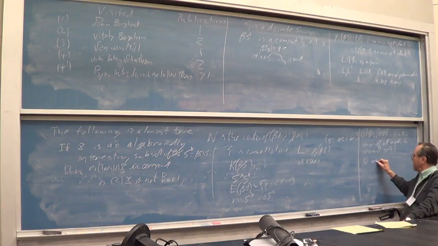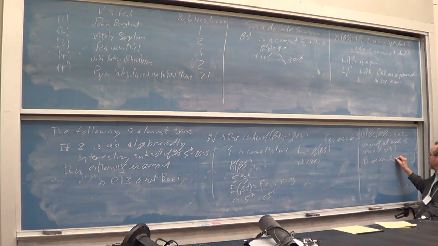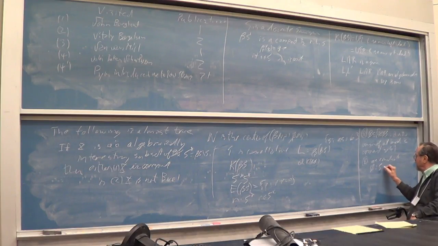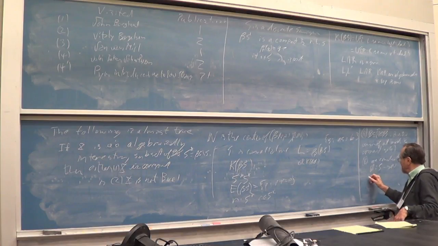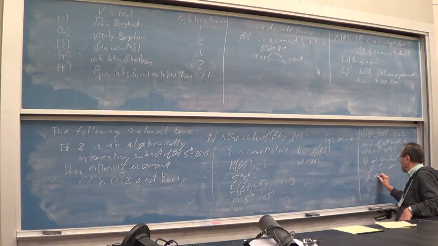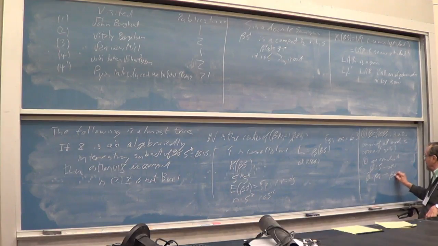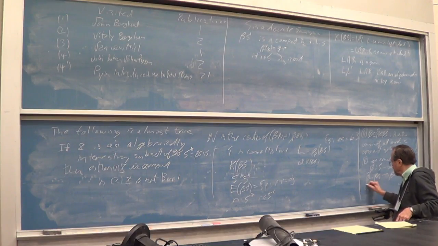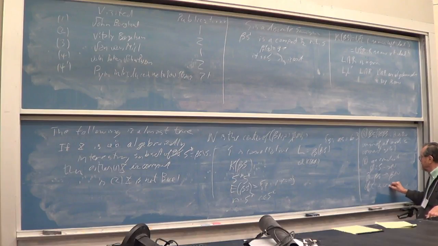B, we construct a function phi taking S to N, and it has the property that if you take phi tilde, the continuous extension taking beta S to beta N, then if C is compact, phi tilde of C is finite.